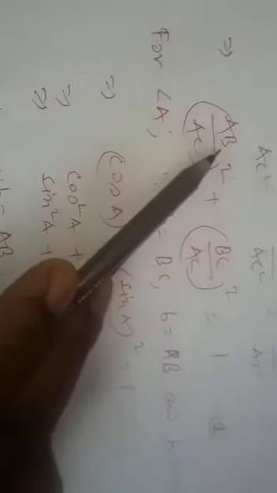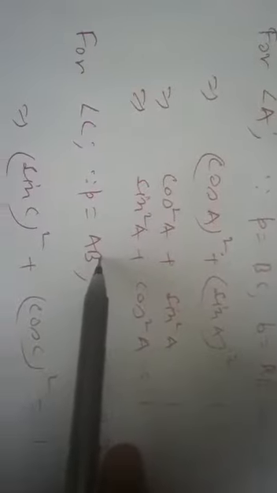Since for angle C, AB is perpendicular and AC is hypotenuse, the ratio of perpendicular and hypotenuse will represent sine, and since it is for angle C, we will write sine C for AB by AC, and BC by AC, BC is here base and AC is hypotenuse, so the ratio of base and hypotenuse is equal to cos.